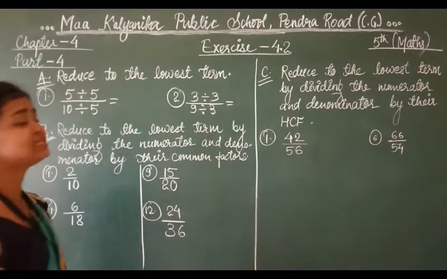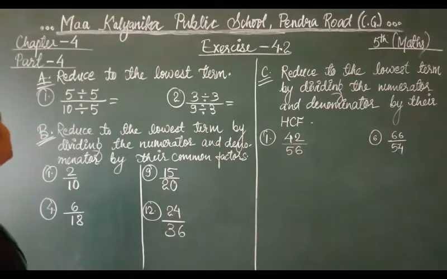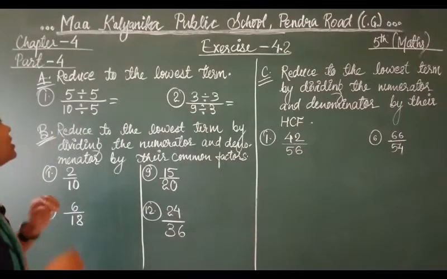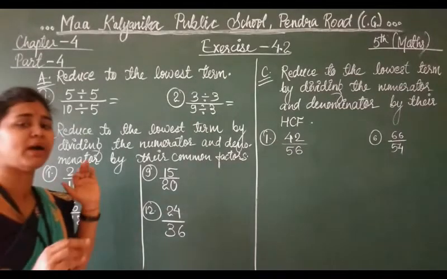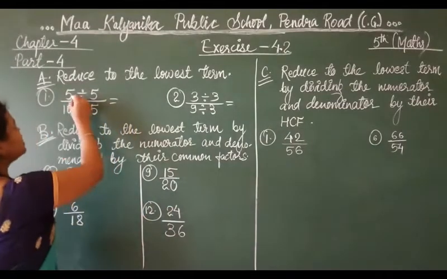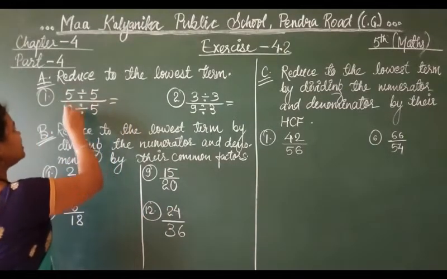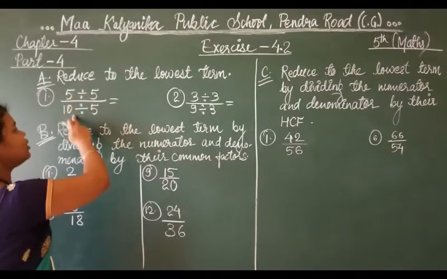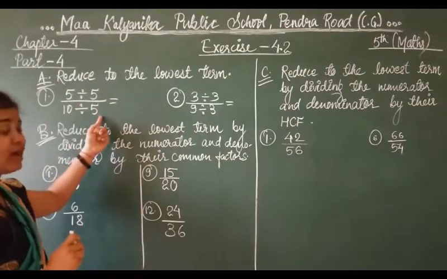Students, in exercise 4.2, see question number A. Reduce to the lowest term. We have to reduce to the lowest term, and directly it is given by which number you have to divide to get the lowest term. 5 by 10 is the fraction, and both numerator and denominator are divided by 5 here.